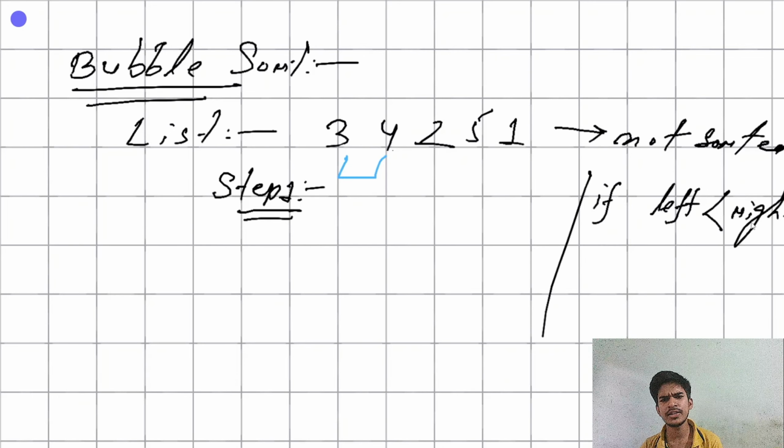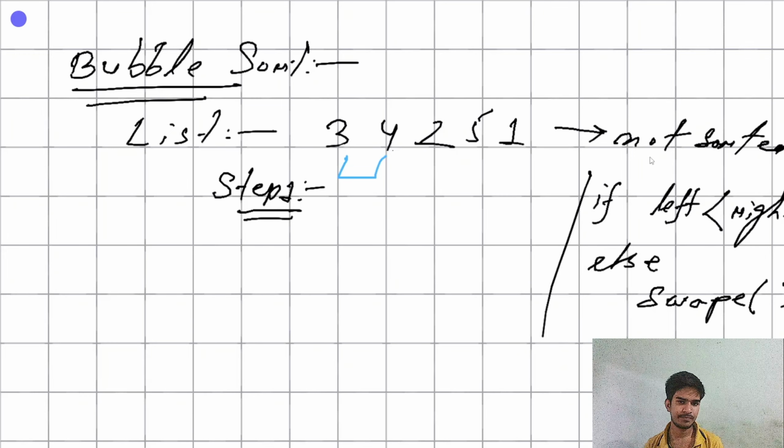If it is, then it is okay, it's correct. But if it is not, we'll swap the two elements.